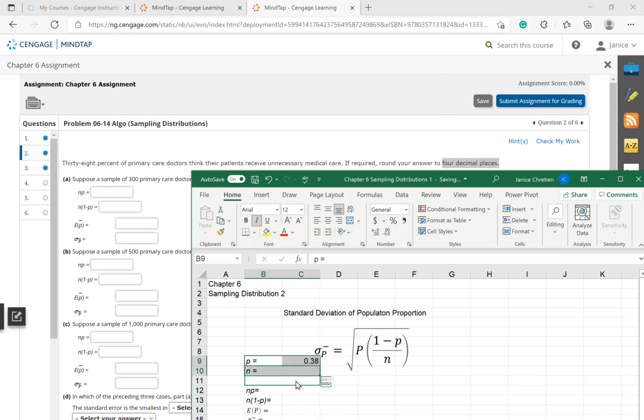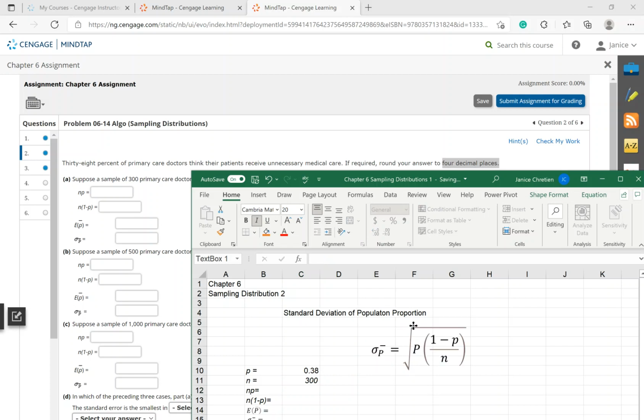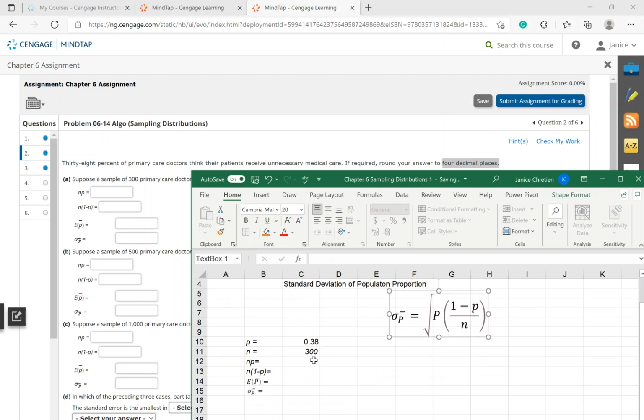Sorry, just hang in there. This is to help you later. So my NP is going to equal, and I did that so that you could click on this cell later and be able to see exactly what I did. So my NP is 114.